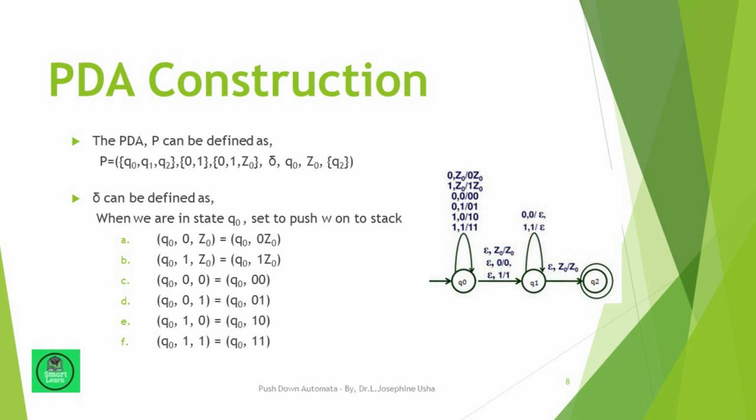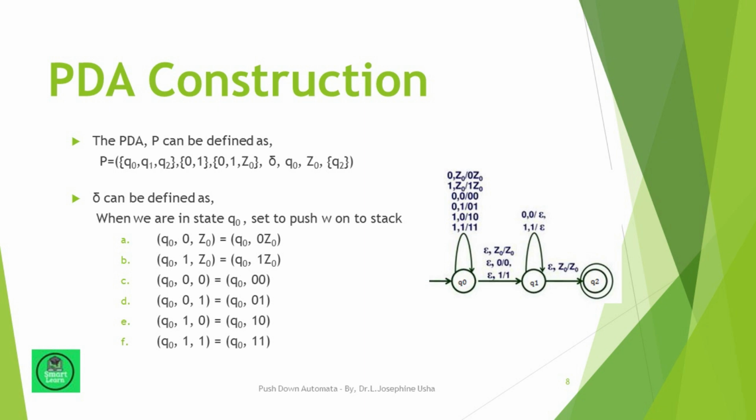In the next case, the top of the stack has either 0 or 1. If I assume the top is 0, the next possible symbol may be either 0 or 1, and again you push the symbol into the stack.